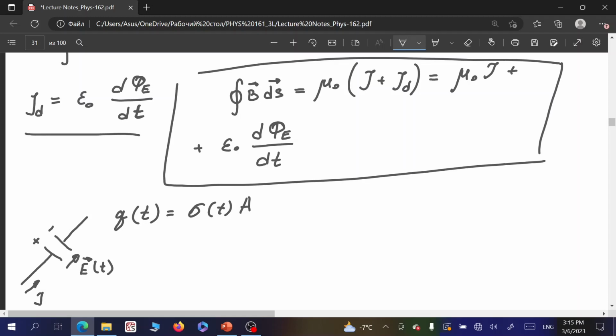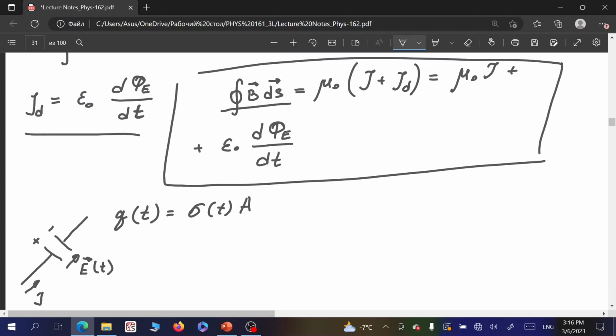And that's why, when we take the integral of the magnetic field vector over a closed path, we should take into account contributions from both conductivity current, which is classically known as a source of magnetic field, and also this displacement current, represented as the rate of electric field flux change over time times the permittivity of free space.